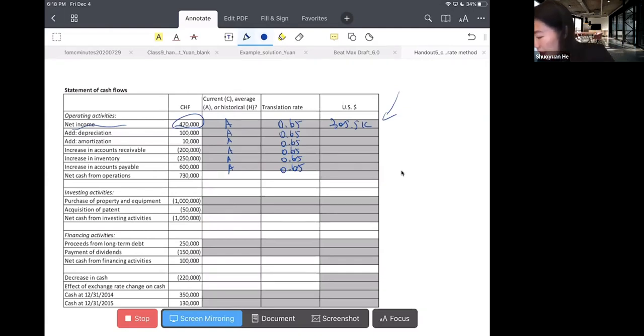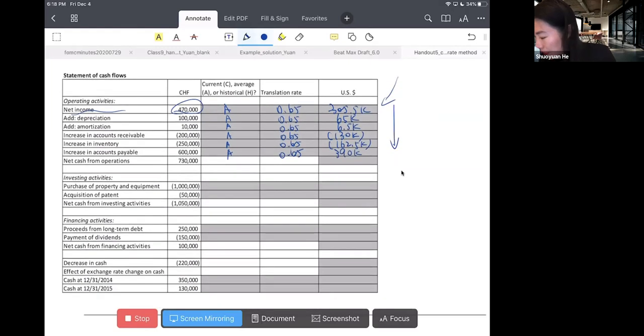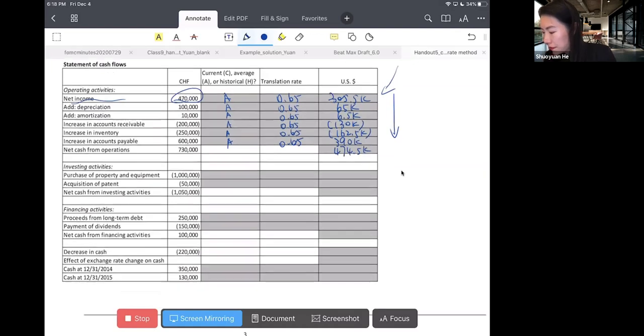And then we have 65,000. If you add everything up, that will give you 474.5 thousand.